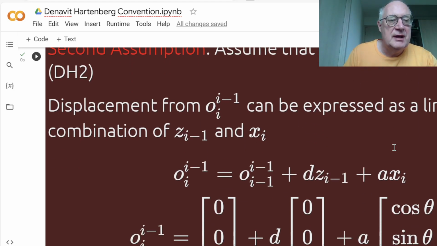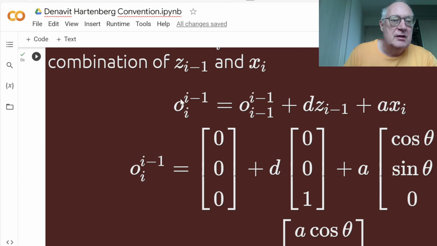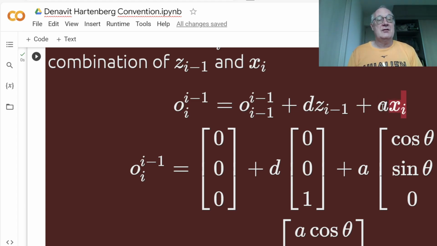So that means that the translation from i-1 to i is the translation from i-1 to i-1, the origin change, plus, since those two intersect, I can move along my z-axis by some distance d, and then I follow along some distance a for my next x-axis.